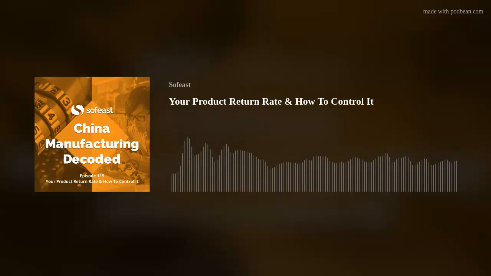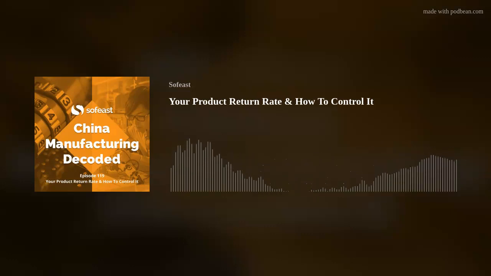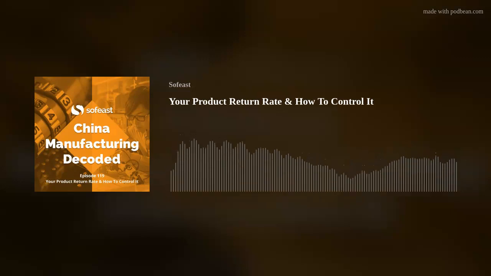And then we try to find those issues early in the design and development and fix those, so that our products will be very reliable at the end. Yeah, and not being returned. And not being returned, exactly. Yeah, that's the name of the game.